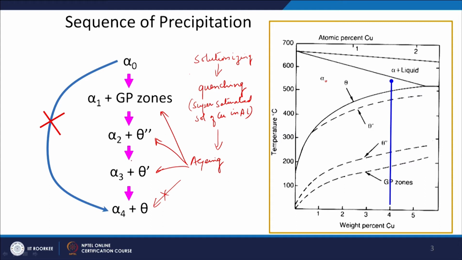And why do you get these in sequence? Because the transition phases, though these are not equilibrium phases, form since the activation barrier for formation of these intermediate phases is low, okay, and because I am doing the aging process at a much lower temperature than the solutionizing temperature, I need to have a very small activation barrier.